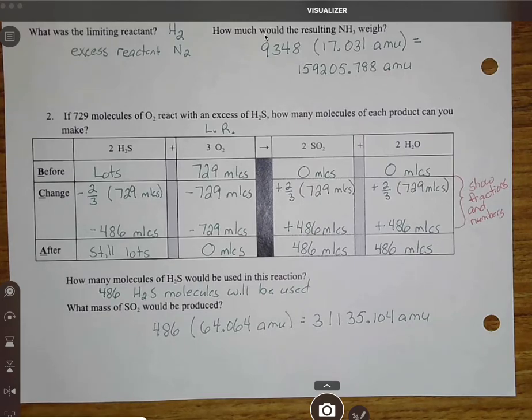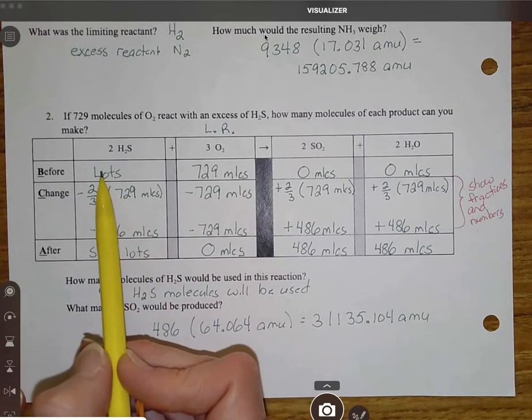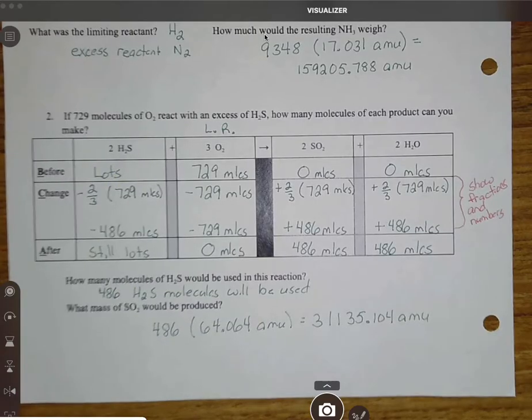Okay, let's take a look at a few things here. First of all, question 2 introduced you to the concept of excess. How exactly you manage excess is a little bit up to you. Some people just literally write XS in this box for excess. I always put lots because to me that's a reminder, like I have so much of this that it doesn't really matter.